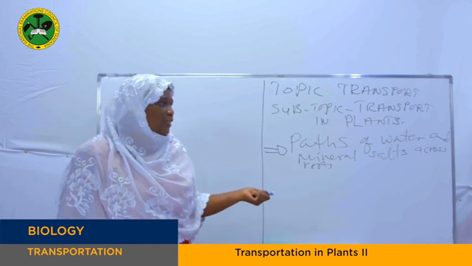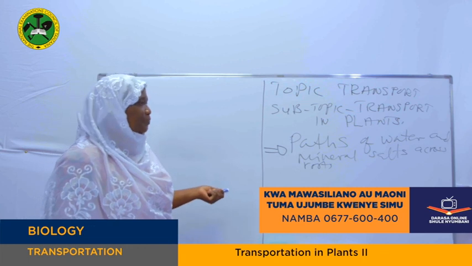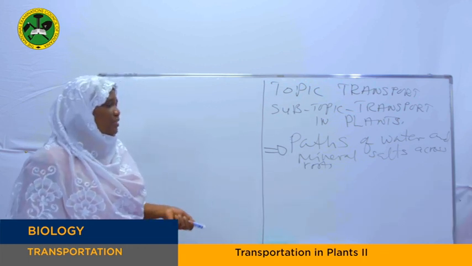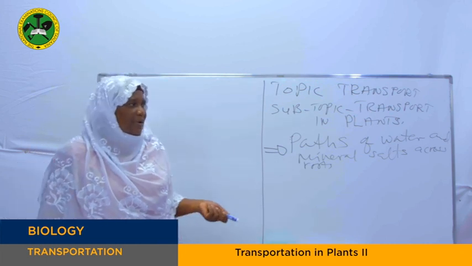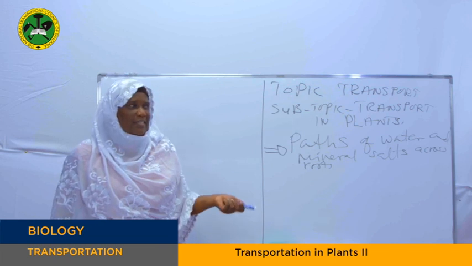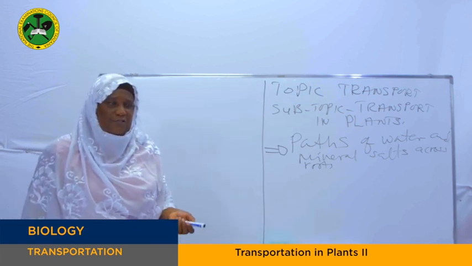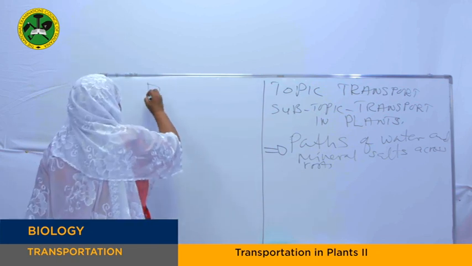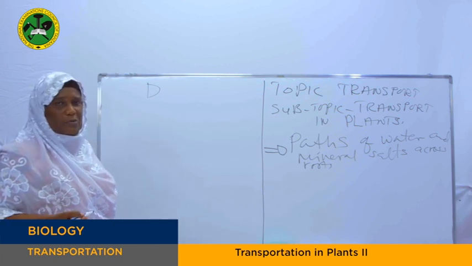upward movement of water. But before doing anything, it is better to start with question number 1. Question number 1 is based on active and passive transport. The question says: distinguish between active and passive transport.